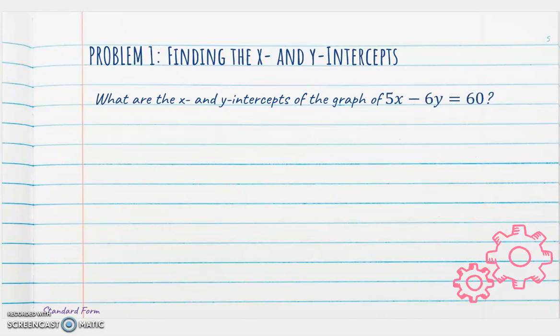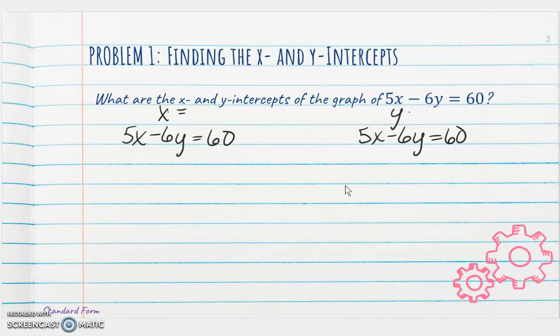Okay, let's look at another example. I'm going to write it down again. So we have 5x minus 6y equals 60. I'm going to figure out my x-intercept here, and my y-intercept over here. To figure out my x-intercept, I'm going to have to 0 out my y.